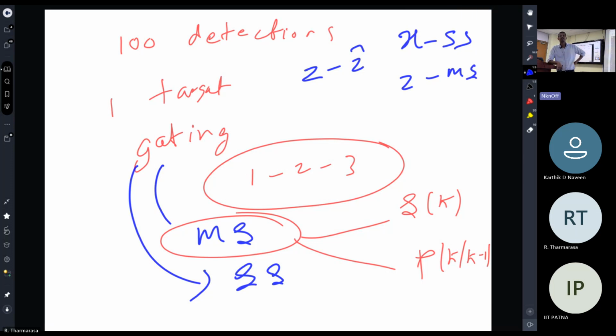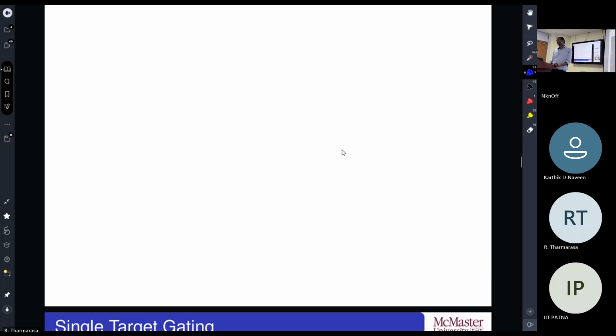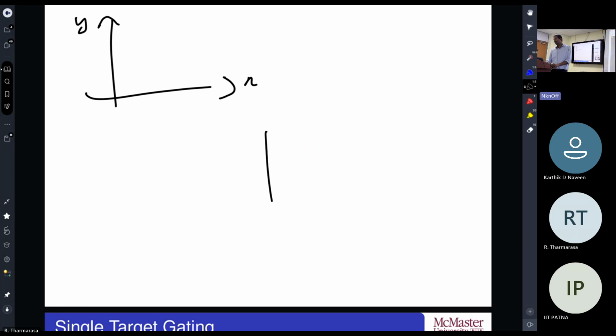So then we are now getting r theta phi vector, r theta vector. For example, if I'm on the sensor, I'm taking x and y. Yes, okay. So his question is that the state space is x and y, and the measurement space is also x and y.